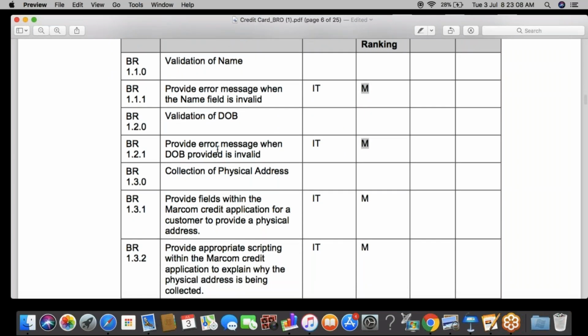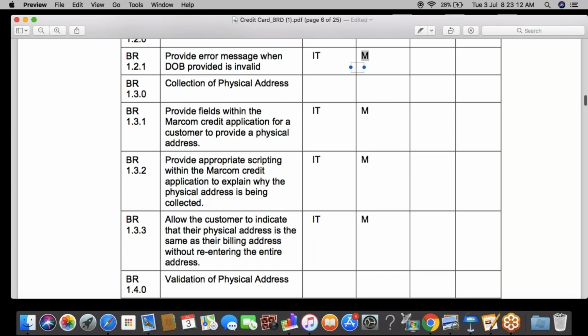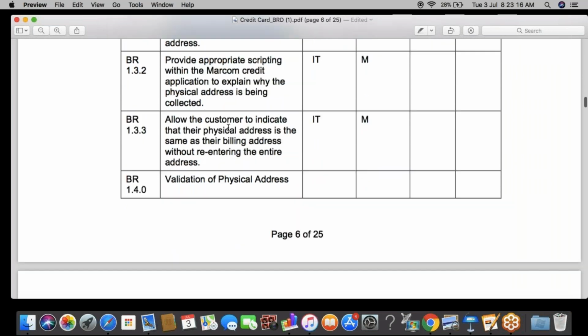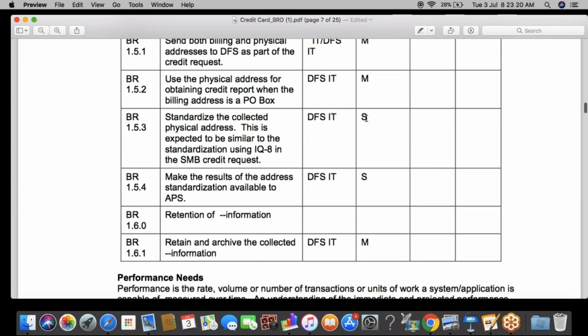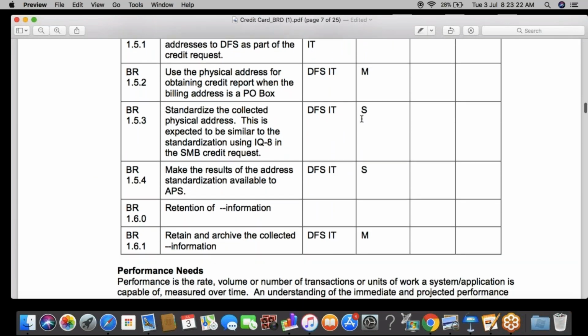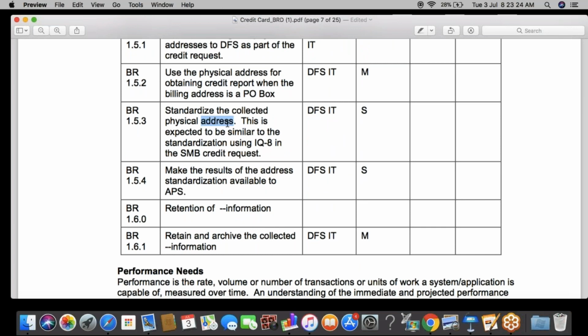Then provide error message when the date of birth provided is invalid. Again M. Then provide fields within something like that, related to this. You can see all M's, and then here comes S. Only M and S you will find, must and should. Should are like regarding some address here.